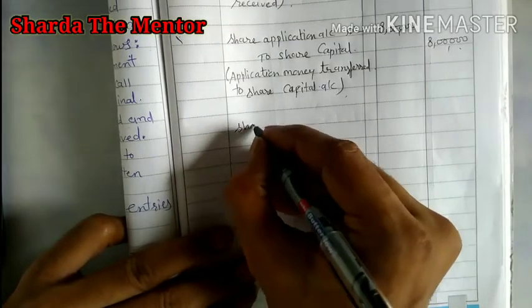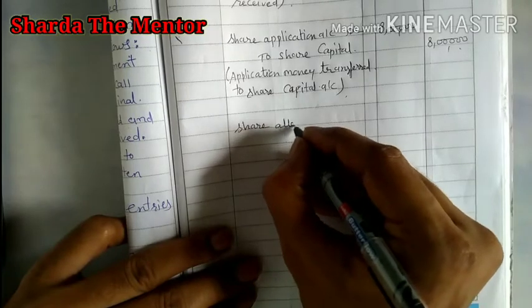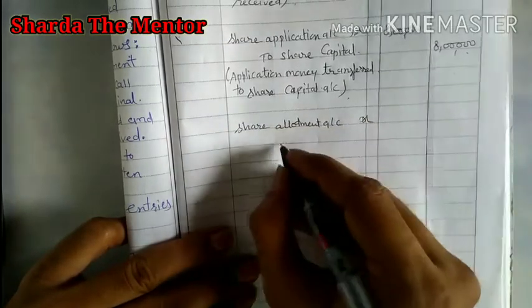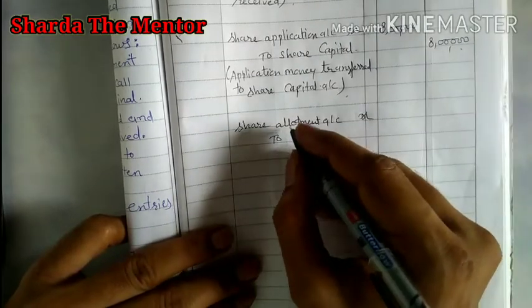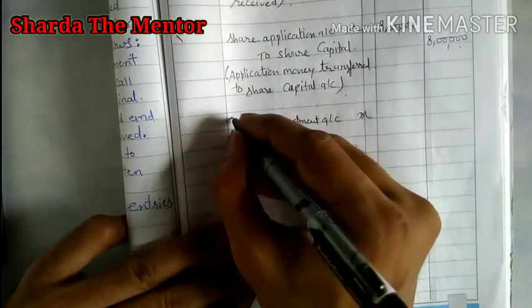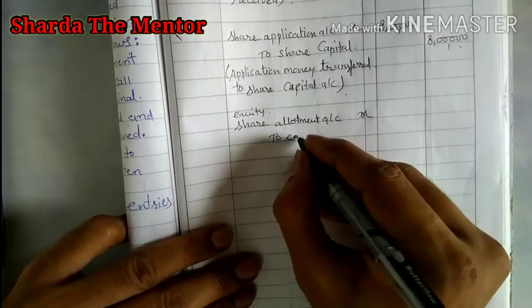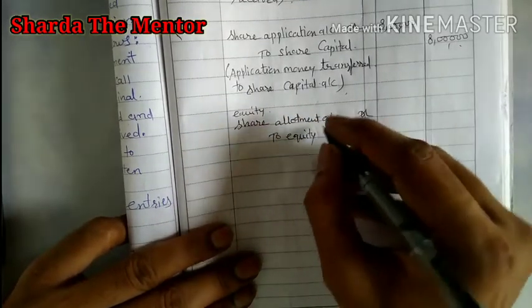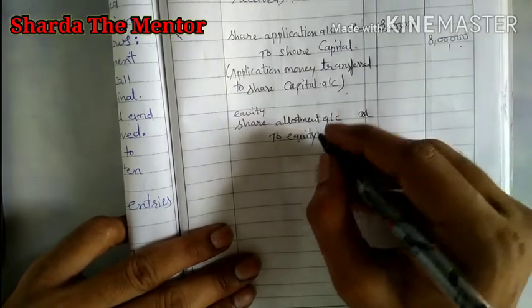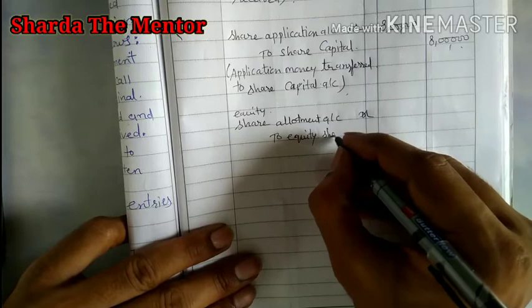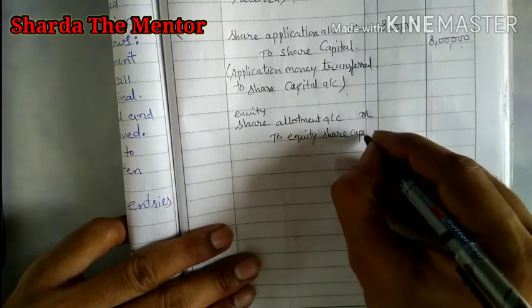So the due entry is equity share allotment account debit to equity share capital account.